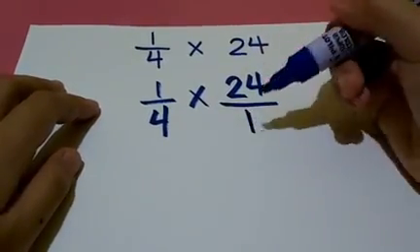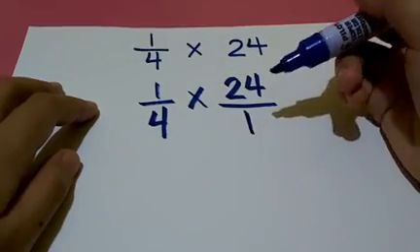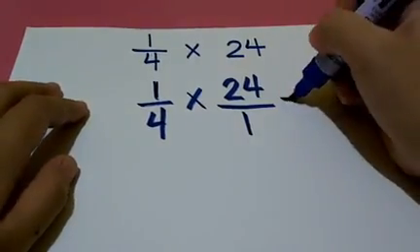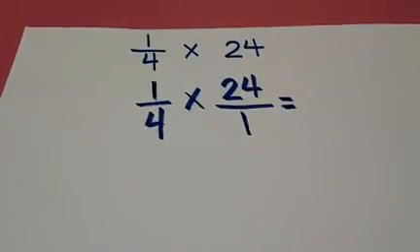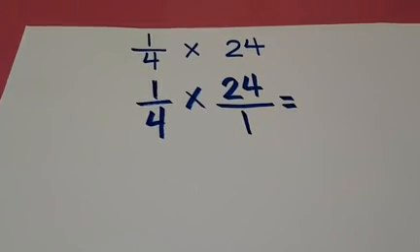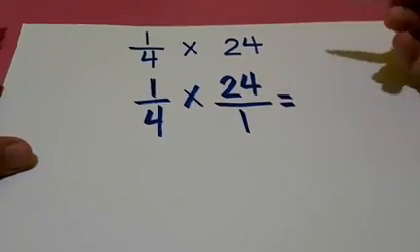Because having a denominator 1 means that it's already a whole number. So now, let us solve this example. Let us use the cancellation method or the butterfly method para masanay kayo.